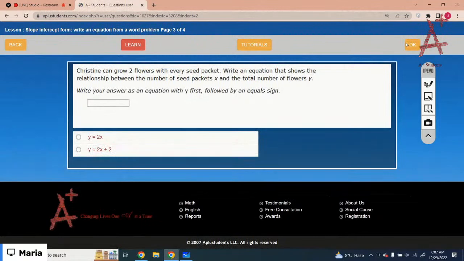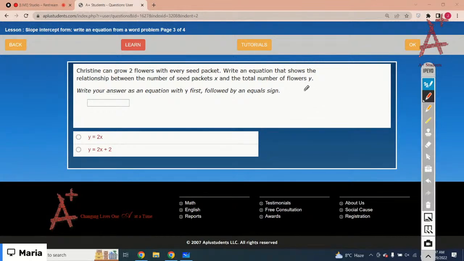Okay, the next one is, Christine can grow 2 flowers with every seed packet. Write an equation that shows the relationship between the number of seed packets x and the total number of flowers y. Got it? So with one seed pack, she can grow 2 flowers.